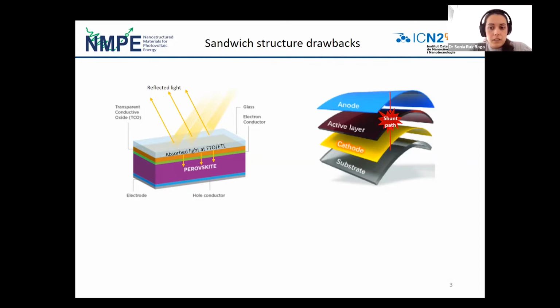Actually, in silicon solar cells, the back contact configuration has already been implemented, where the purpose was to eliminate the shading of the front electrodes. We just need to develop tailor-made back contact electrodes that are adapted to the particularities of perovskite solar cells.